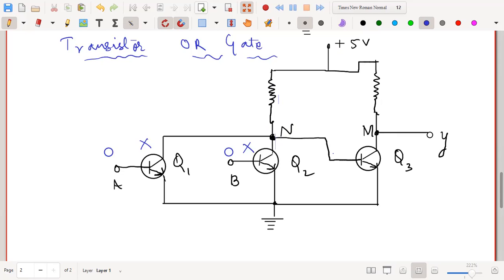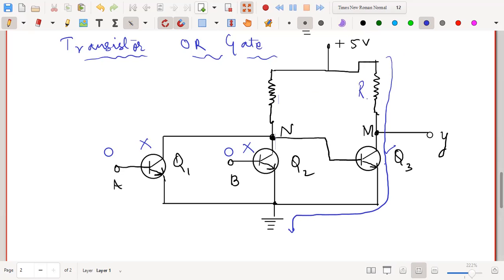Now this point N is connected as the input to the transistor Q3. That means this positive potential will drive this transistor into active mode, and the transistor Q3 will start working. What is the meaning of that? If the transistor Q3 works, the current will flow like this to the ground, and whatever is the voltage here, +5, it will be dropped across this resistance R2.